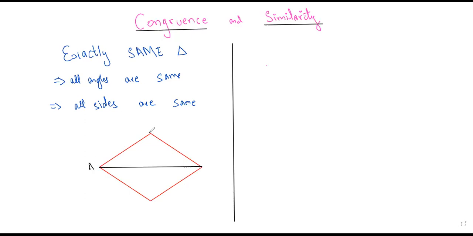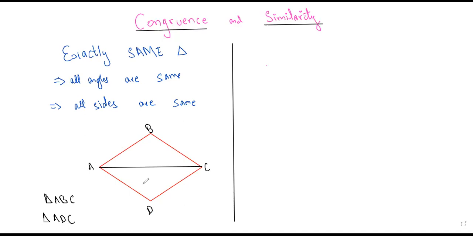Let's say the points are A, B, C, D. So I have triangle ABC and triangle ADC. We are talking about congruence. Let's see if these two triangles are congruent to each other or not.